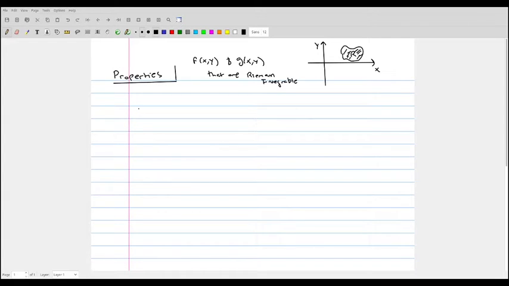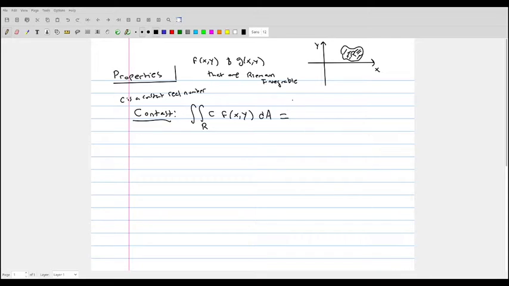So the first property, and a property that we saw in some of the examples gone over in the previous lecture, is what happens when you take the double integral of any constant c. So suppose c is a constant real number, and we take the double integral over the region R of a function f of x y dA.